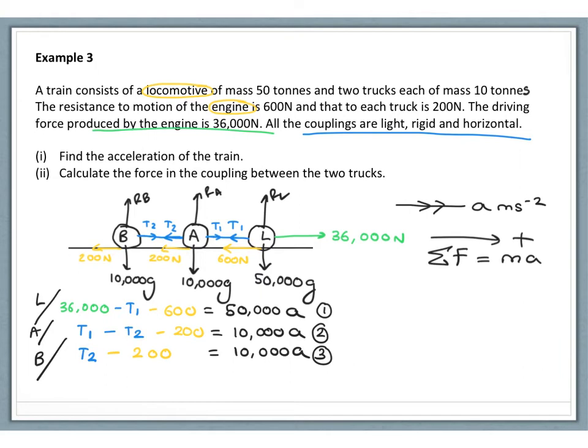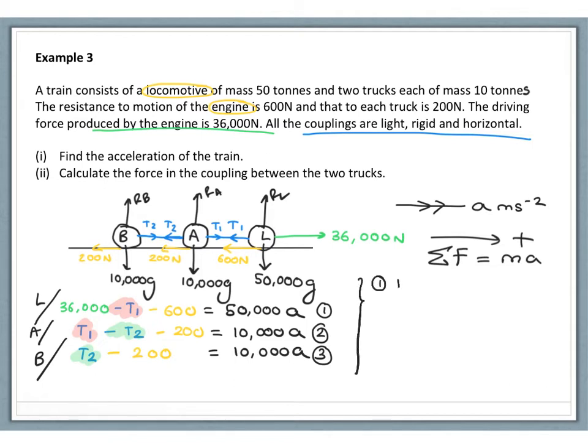Now, interestingly, in this system, you will notice we have a minus T1 and a positive T1, and we have a minus T2 and a positive T2. So really, the key to solving this is to add all 3 of these simultaneous equations together to do the calculation, as we will eliminate T1 and T2 from our calculations if we do this.